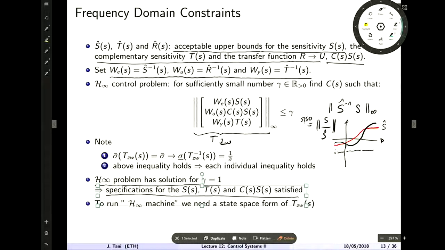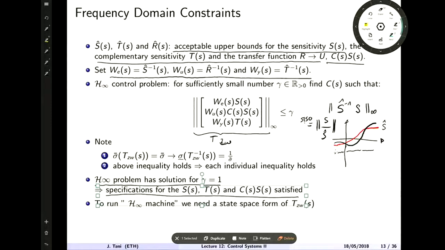MATLAB or another software will tell you what the gamma is, so it will say gamma is 5. But then you know, if it's 5, then we haven't met our constraints. If we put it in this way, it needs to be smaller than 1. So you need to retune, you need to change a few things, maybe allow bigger control inputs, and run the machine again. So did that answer your question?